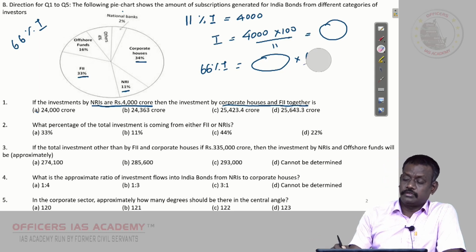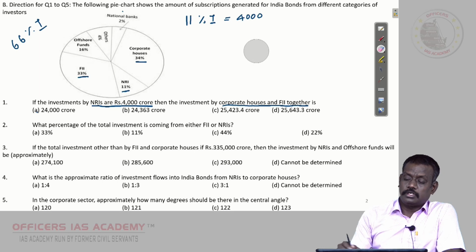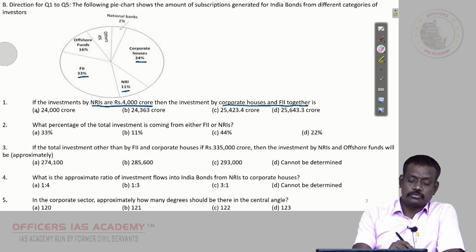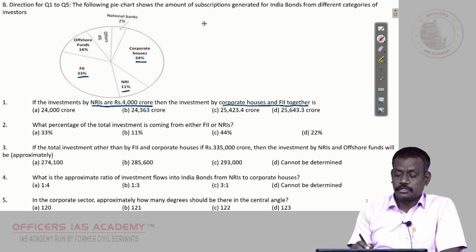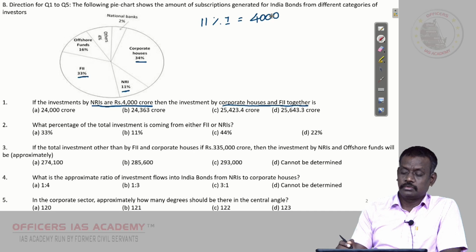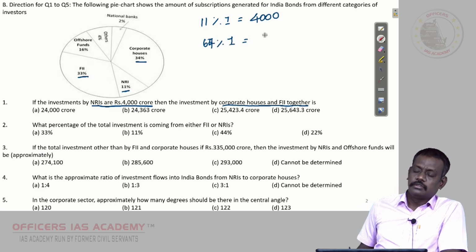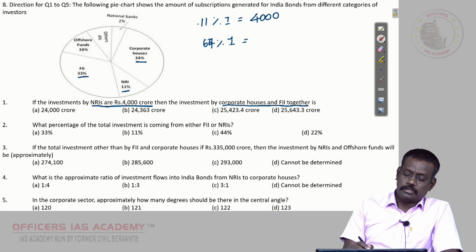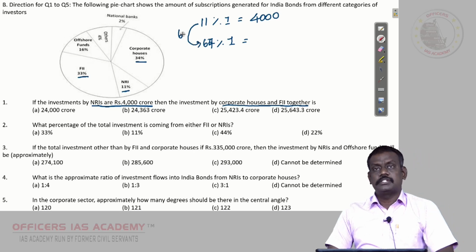If you do it like this, it will be time consuming. Instead of that, the shortest way is, you know that 11% of investment is equal to 4,000. So we are asked to find 67% of the investment, isn't it? So if you multiply this 11 by 6 point something, you will get 67, right?